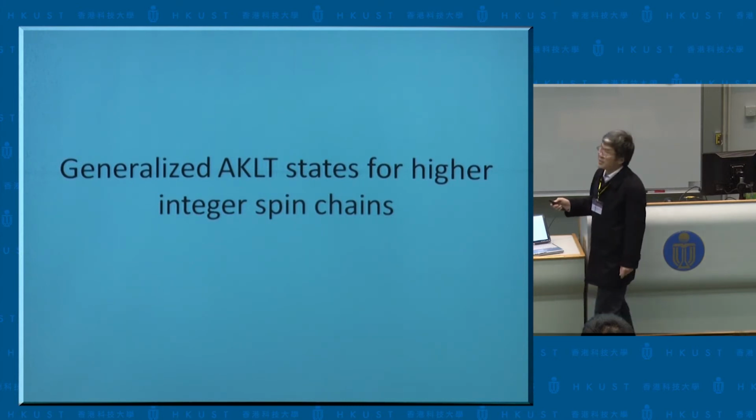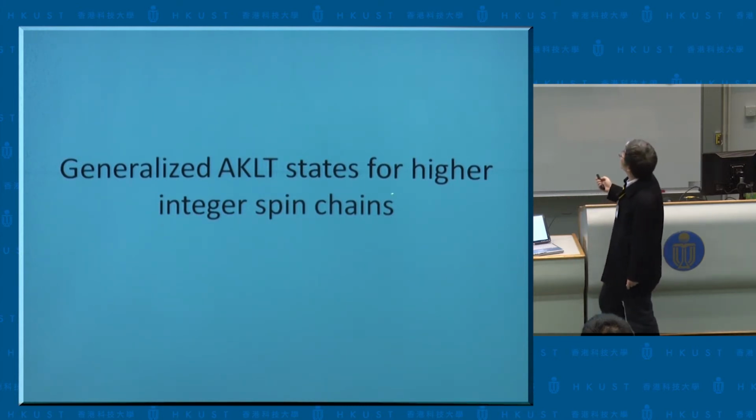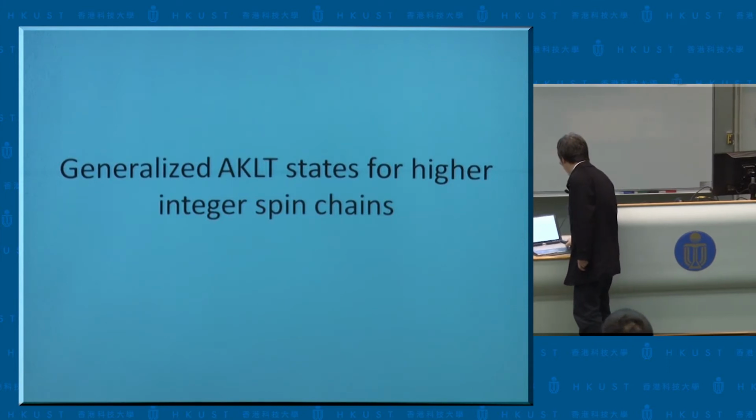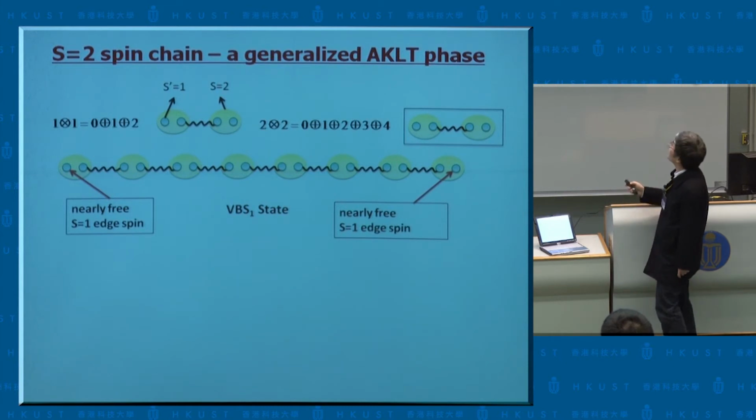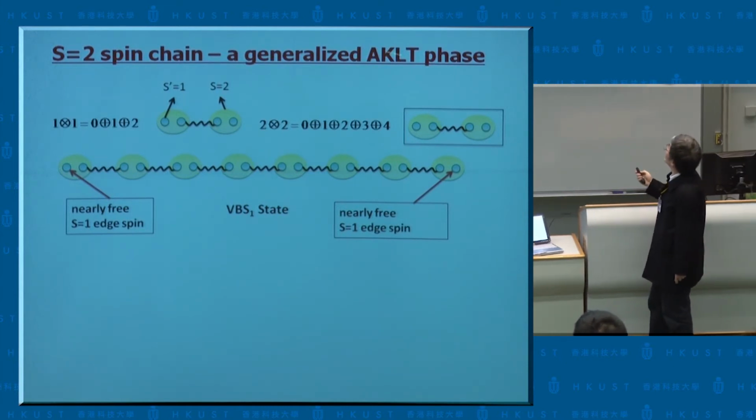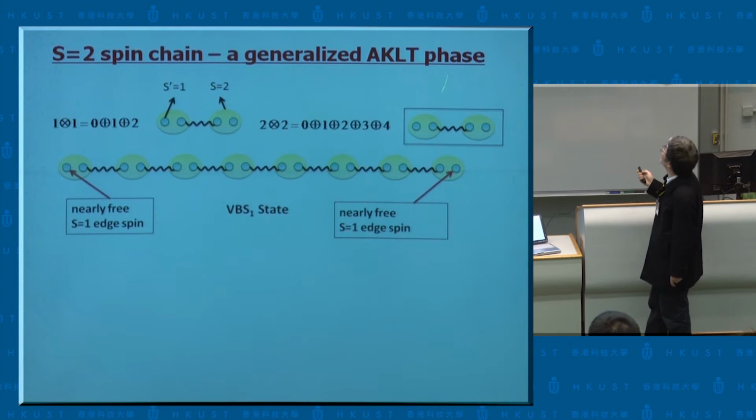The easiest thing is to consider the generalized AKLT states for the higher integer spin. If we follow the strategy of the AKLT method, let's consider spin 2 chains. We divide the spin 2 atom into two spin 1 operators. These two spin 1 can form total spin 0, 1, 2.